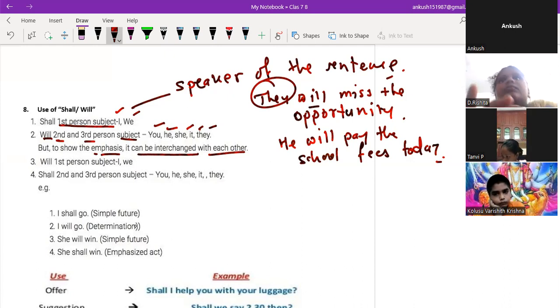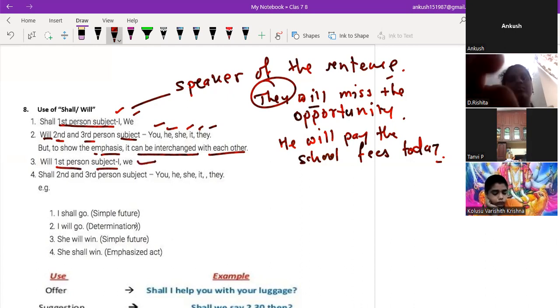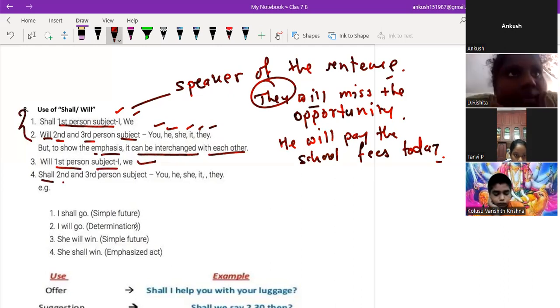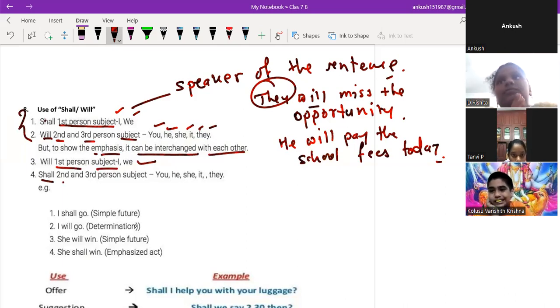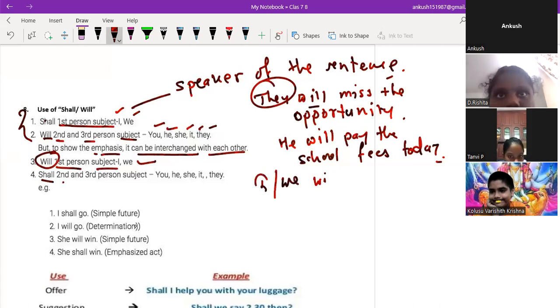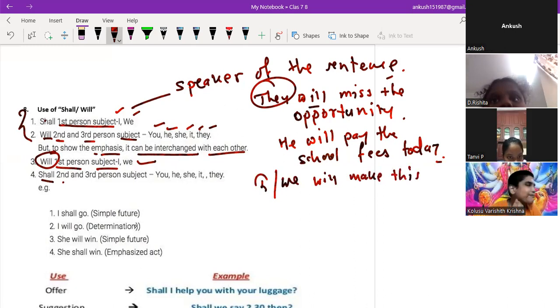Understood. Will is used with first person subjects like I and we, and shall with second and third person; this is the general use. But if you want to emphasize something, you have to interchange it. If I use will with I and we, for example, I or we will make this possible.